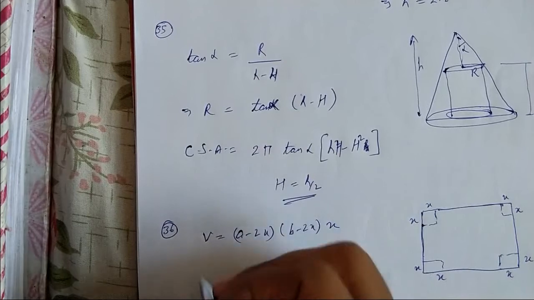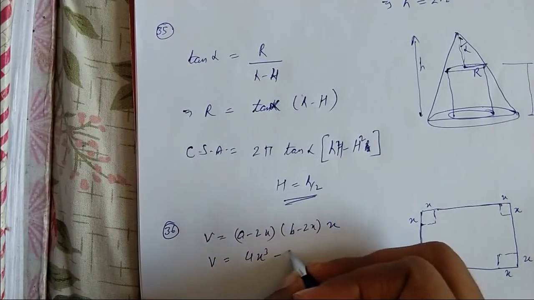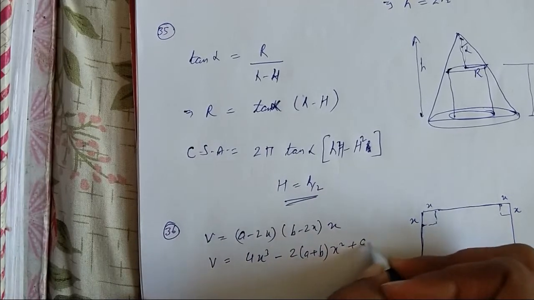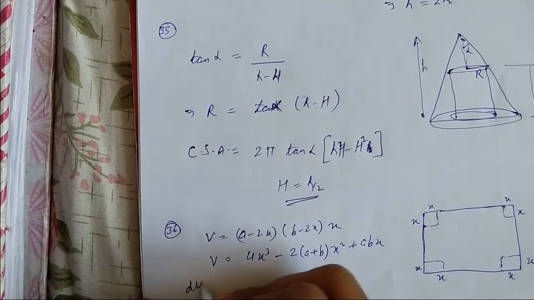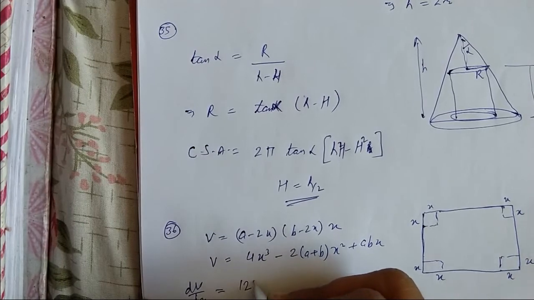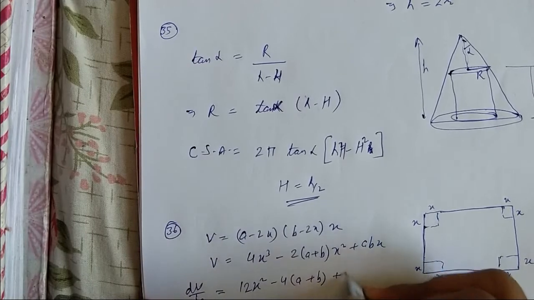So V would be 4x cubed minus 2(a plus b)x squared plus abx. So dV by dx is equal to 0. So 12x squared minus 4(a plus b)x plus ab is equal to 0.